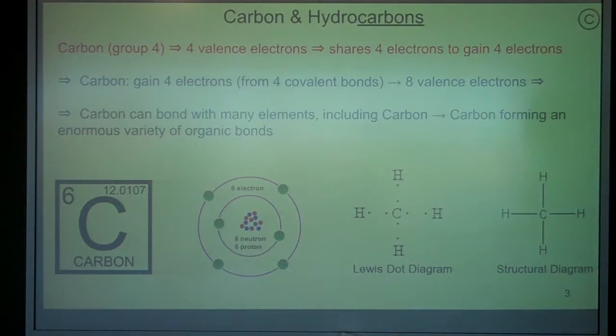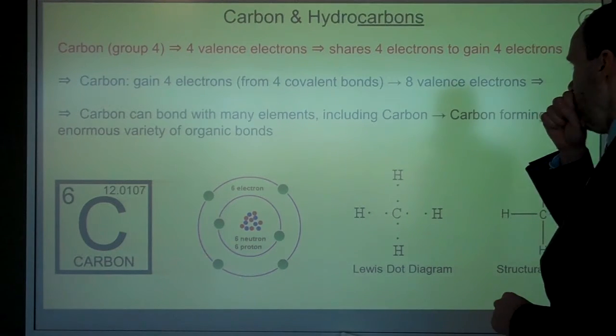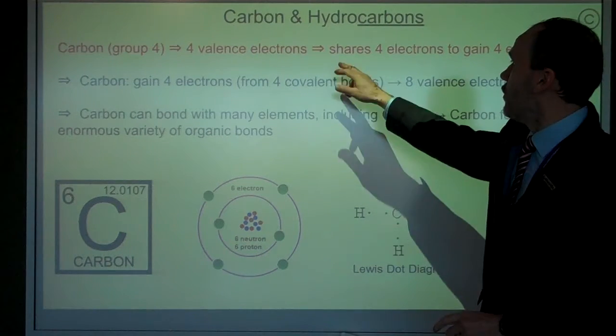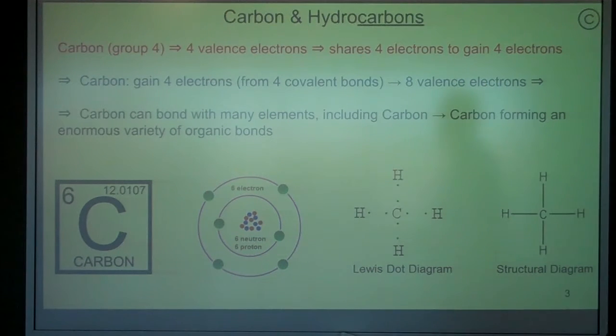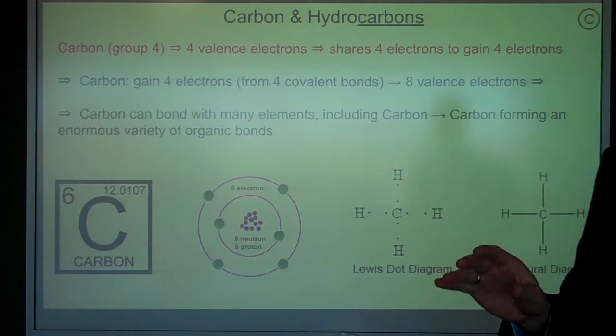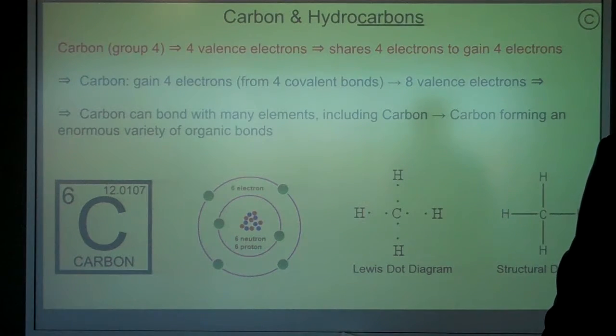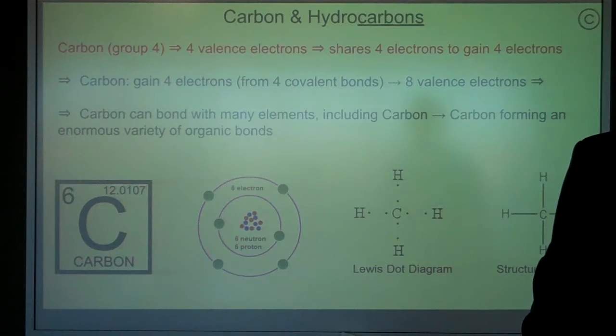The foundation of hydrocarbons are carbon atoms. We know that carbon has 4 valence electrons. It shares 4 electrons to gain 4 electrons. We know this through our covalent bonding. So every carbon that you see in a hydrocarbon will share 4 electrons.